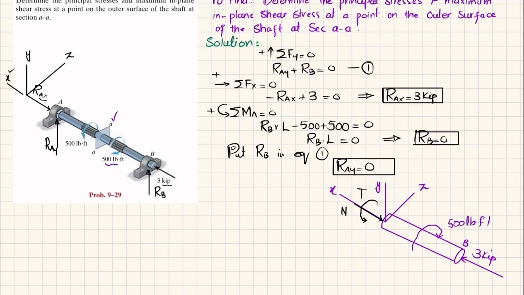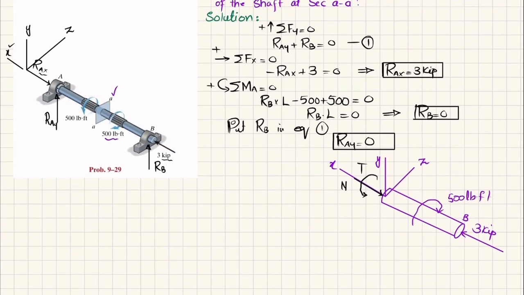So we'll find this torque and N by using equation of equilibrium, that sum of all forces along x direction must be equal to 0, and force in positive x direction is taken as positive. So you can see this is opposite to this x, so it will be minus N, and this plus 3 is equal to 0. So it means that N is equal to 3 kips. Now we'll find this torque.